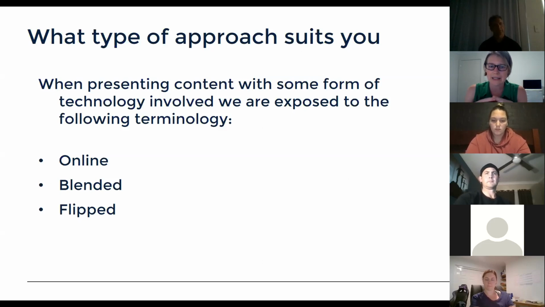Last week I was saying that if you want to show a YouTube clip or you want students to be prepared for your session, like my example of folding a towel in the shape of a dog, you need to flip content and say, you need to come prepared with a towel before we actually have the session. If you want them to see a YouTube clip, you flip that and tell your trainees they need to know this or be prepared.